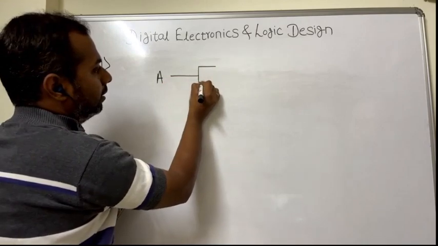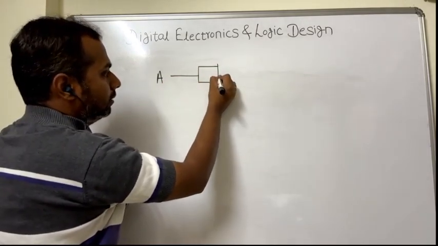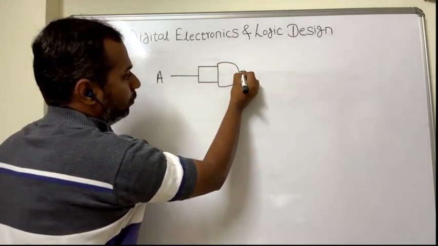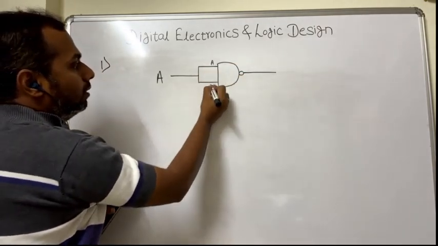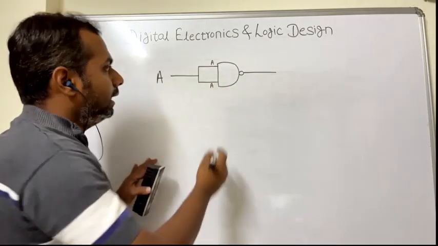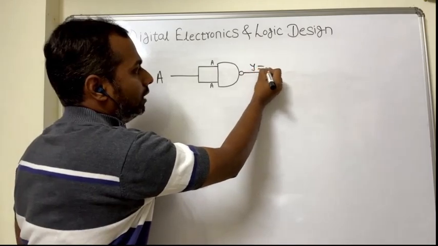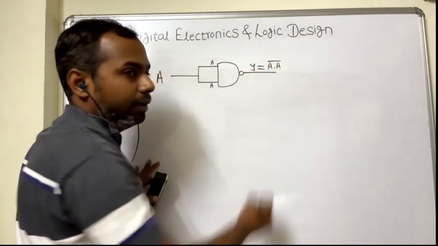A to a 2 input NAND gate, if I am applying the same value of the A variable to both inputs, then the output of this NAND gate is Y equal to (A and A) whole complement.